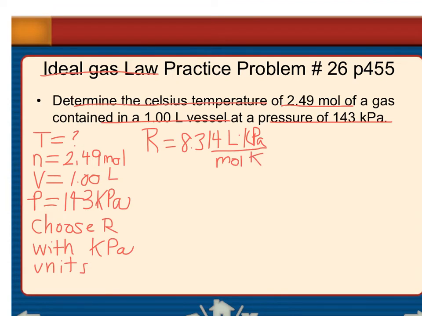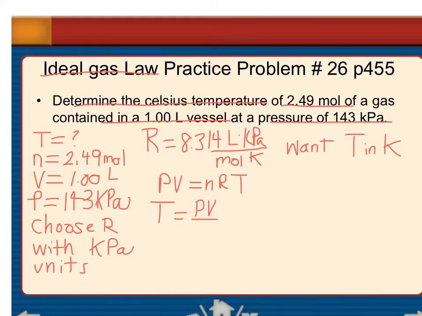Now we write the ideal gas law equation. We're solving for T in Kelvin. PV equals nRT. We solve for T. T is equal to PV over nR.